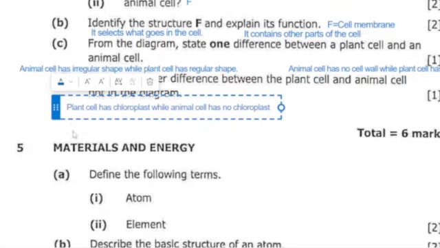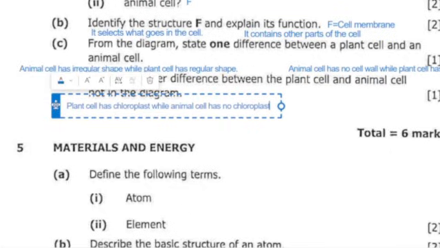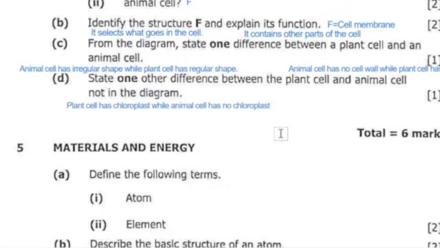That is the difference that is not shown on the diagram. Here I cannot give you more than one because it's just one that is not shown there. This is the answer that examiners were expecting from students if such a question came in an exam. Let's continue to the next question.